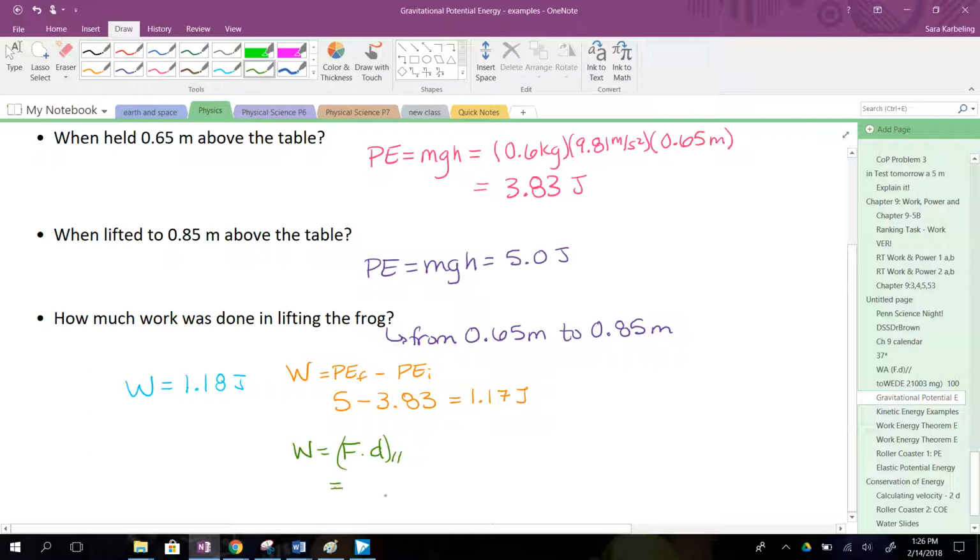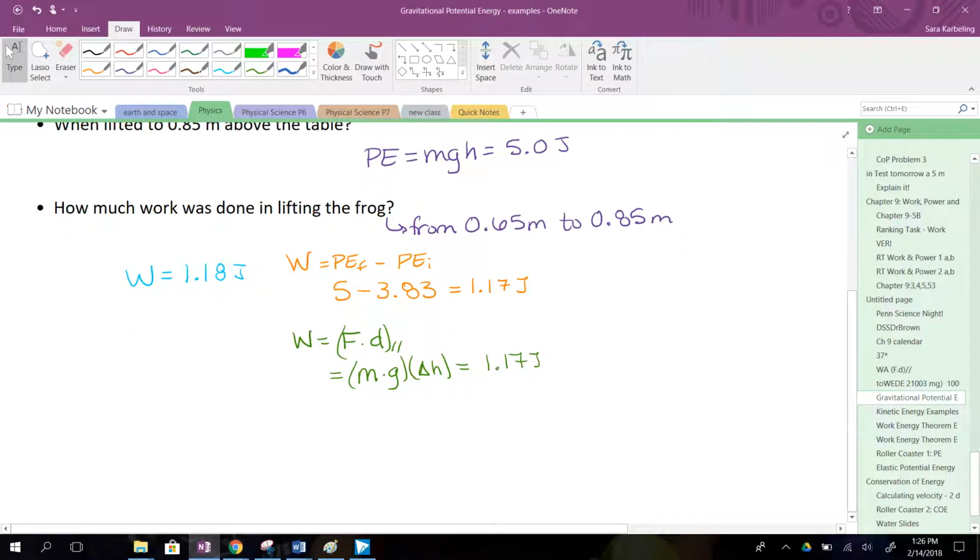So the force was 2 times 9.81 times 0.6. So you did the mass times the acceleration of gravity, right? That's the force, times the change in distance of the height. You guys with me there? Okay. And you got the same thing, didn't you? Yeah, so that's just 0.85 minus 0.65.